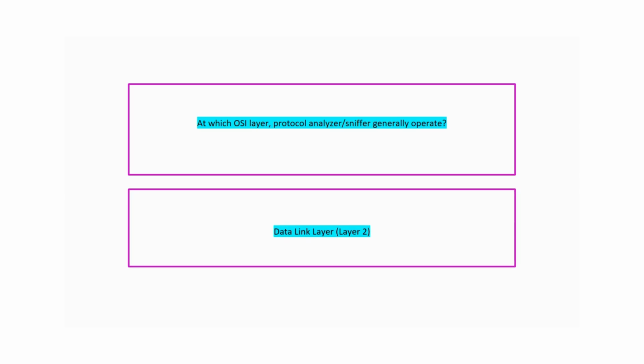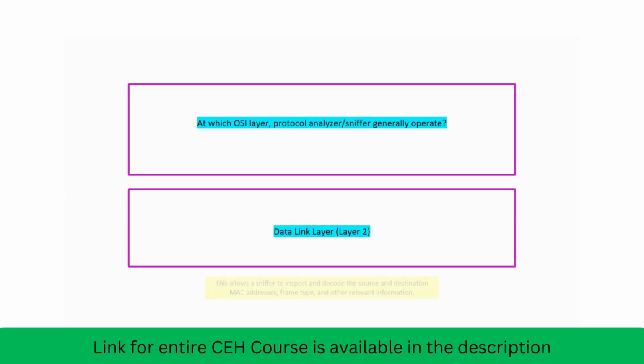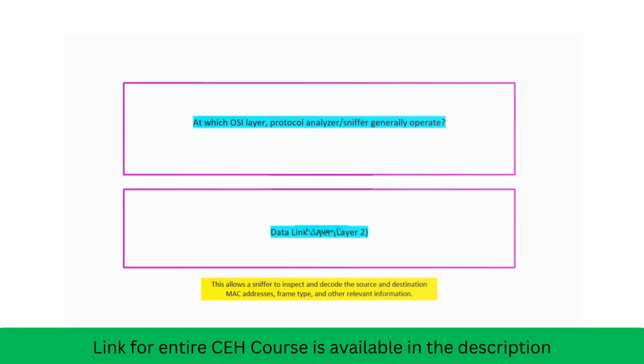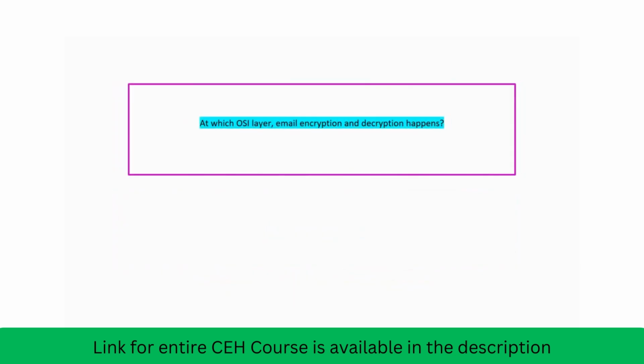Data link layer, that is layer 2. So this will allow them to understand the MAC addresses, frame type and other relevant information of the data. At which OSI layer does email encryption and decryption happen? Presentation layer.